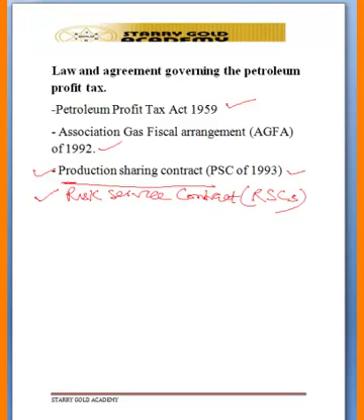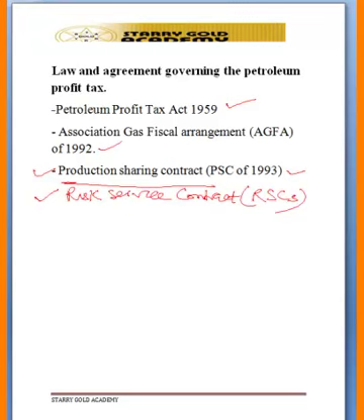Just like the production sharing contract, the NNPC does not have title to the oil deposit. And the company carries on exploration, development, and production activity on behalf of the NNPC, at its own risk. So it provides the risk capital and technical expertise. Here it is the NNPC that has the right to market the oil produced.